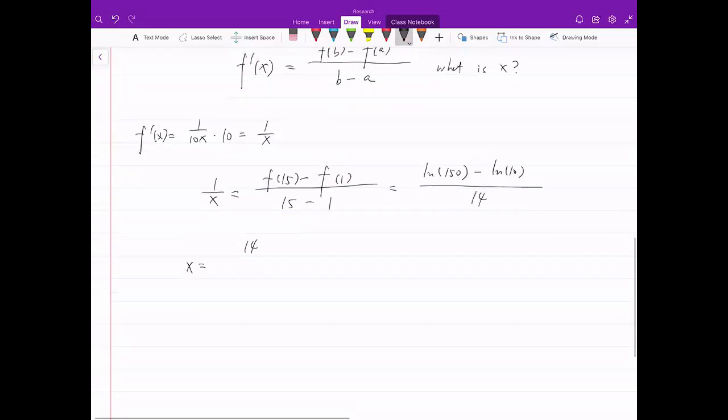Then you just take the reciprocal since it's 1 over x. Use the property of log, you have 14 over ln 15. All right, that's number 2 and number 5.